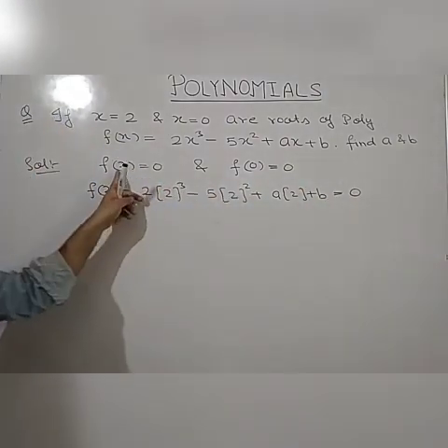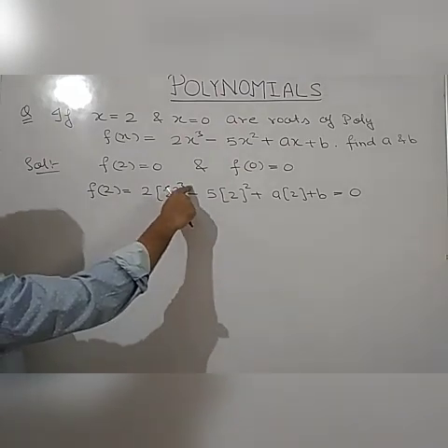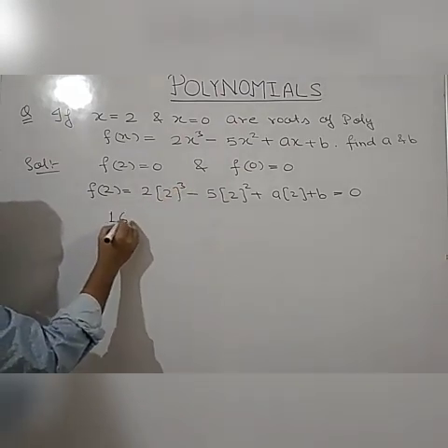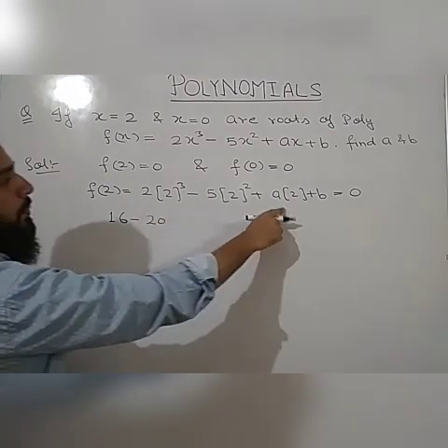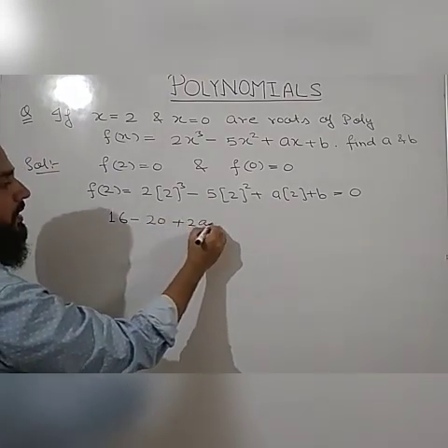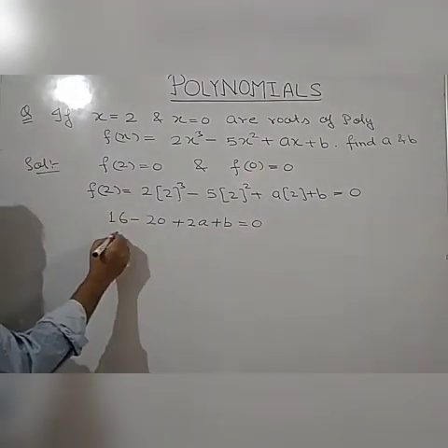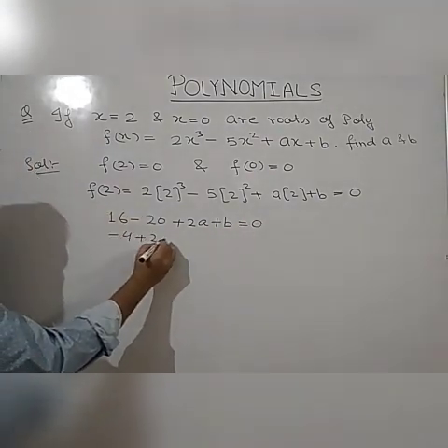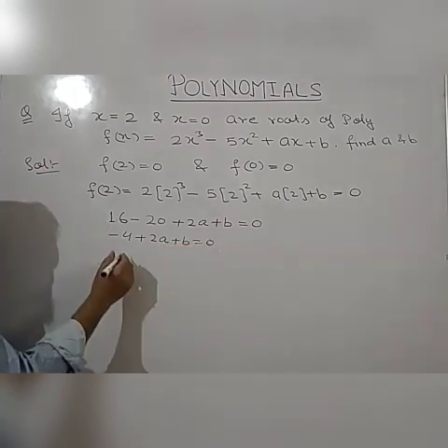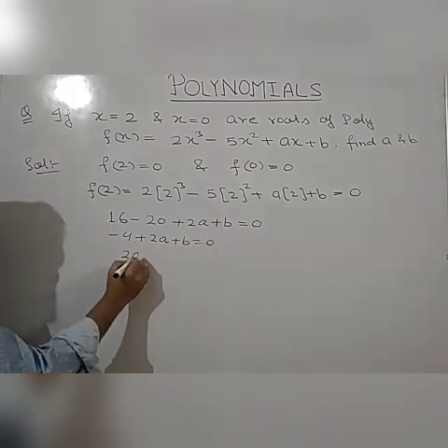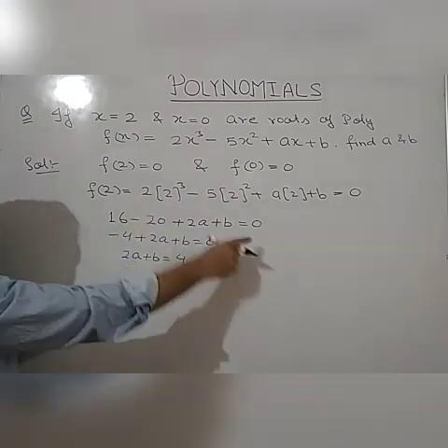Now solving it. 2 cube is 8, and 8 2s are 16, minus 2 2s are 4, 5 fours are 20, plus 2a plus b is equal to 0. Now this will be minus 4 plus 2a plus b is equal to 0, or we can write 2a plus b is equal to 4, taking 4 to the right hand side.